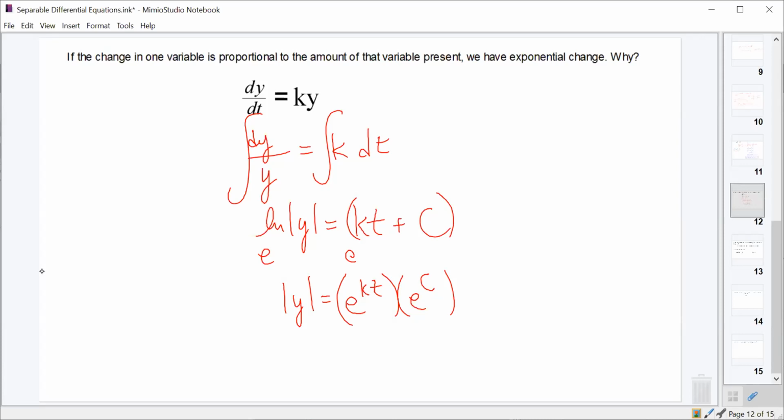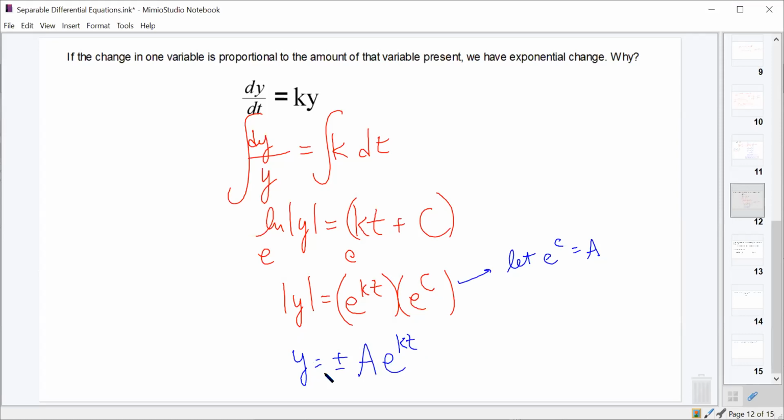And we're just going to let e to the c equal a, just for our purposes here. And this should then give us y equals plus or minus a e to the kt. And the plus or minus is actually not necessary.